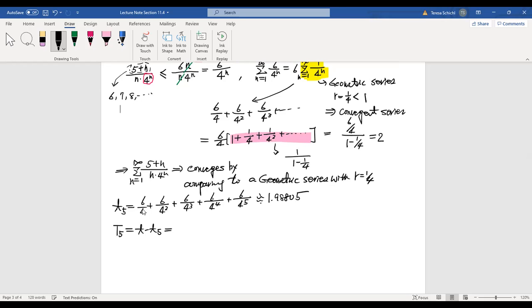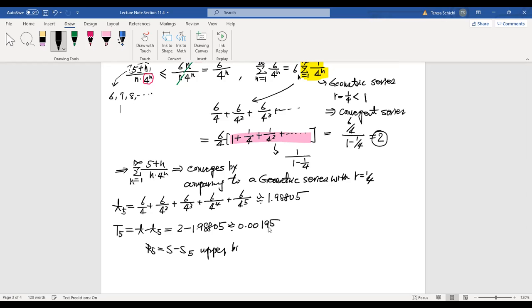Okay, so I know the remainder for the fifth term, R5, will be S minus S5. We know it's converging to 2, right? So it will be 2 minus 1.98805. So this will be pretty close to 0.00195. So I know R5 will be equal to S minus S5.